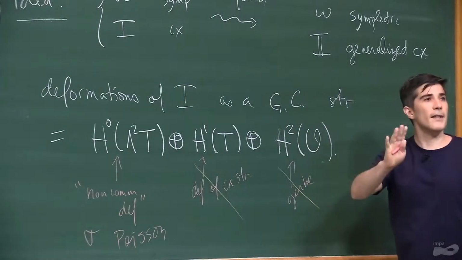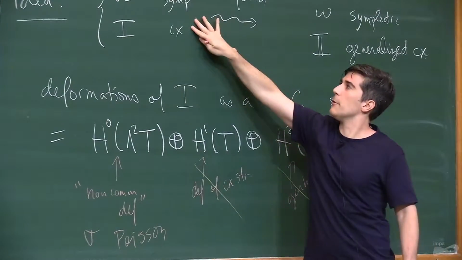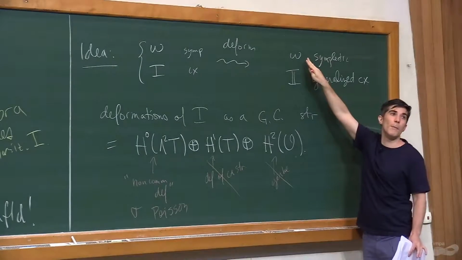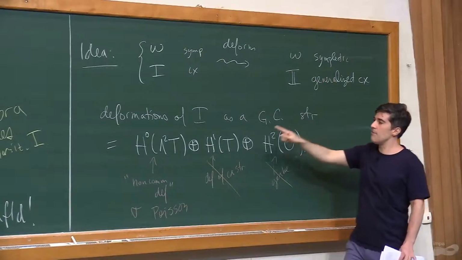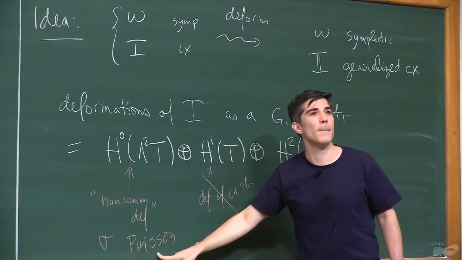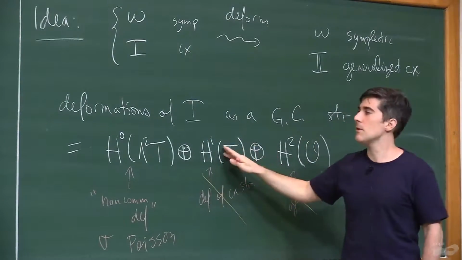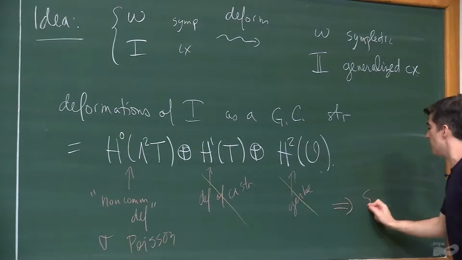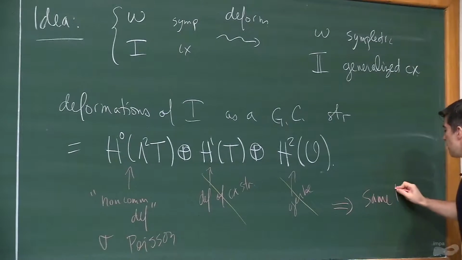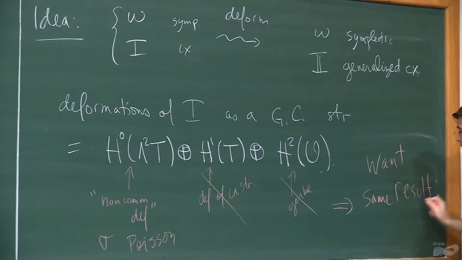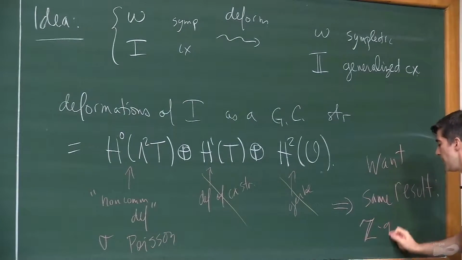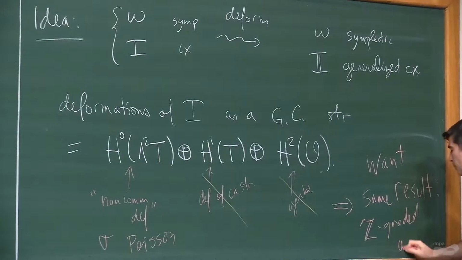So the main idea is this, that I'm deforming the Kähler structure so that the symplectic structure remains symplectic. The complex structure becomes generalized, and I'm deforming it by a Poisson structure. And the point of this is that we want to obtain the same result. We want a Z-graded algebra.